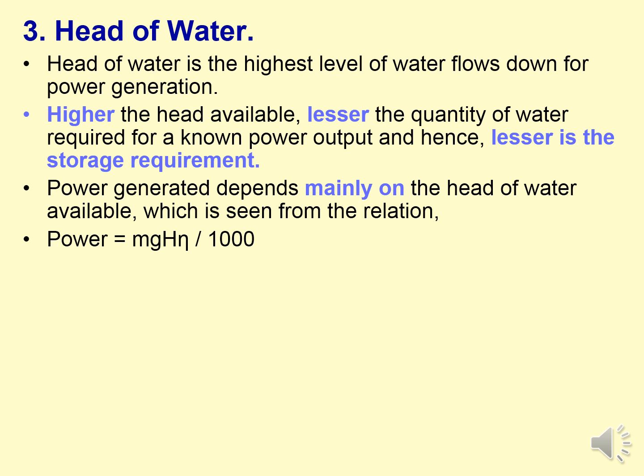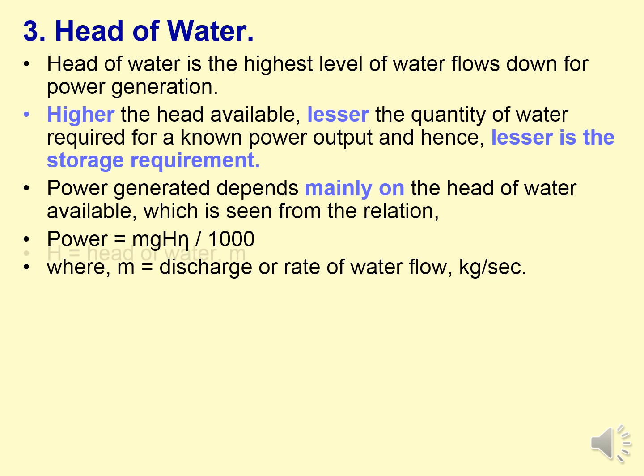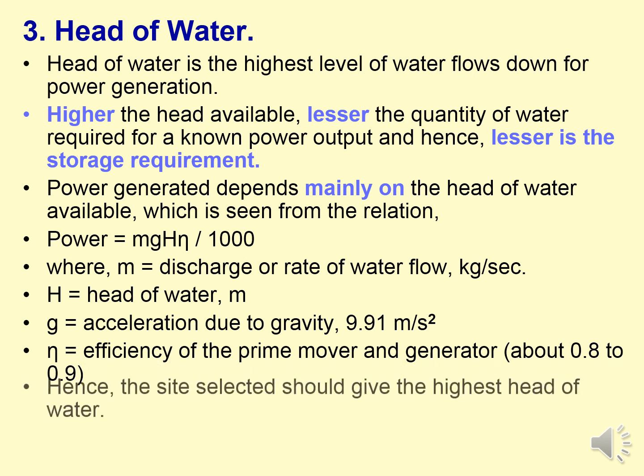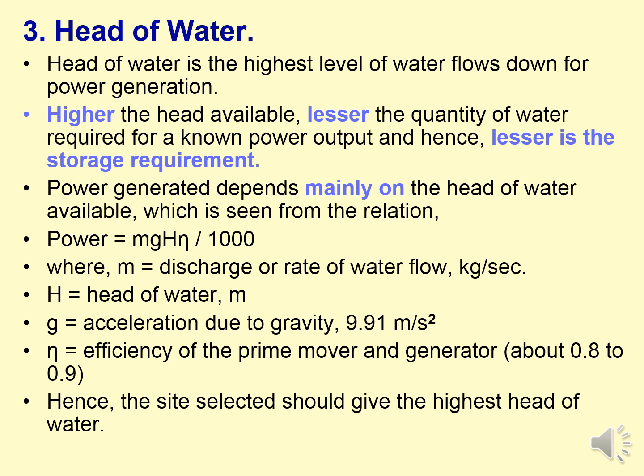So power generated depends mainly on the head of water available, which is shown in this relation. Here m is the discharge or rate of water flow, h is the head of water, g is acceleration due to gravity, and η is the efficiency of the prime mover or the generator. Hence site selection should have the highest head of water.